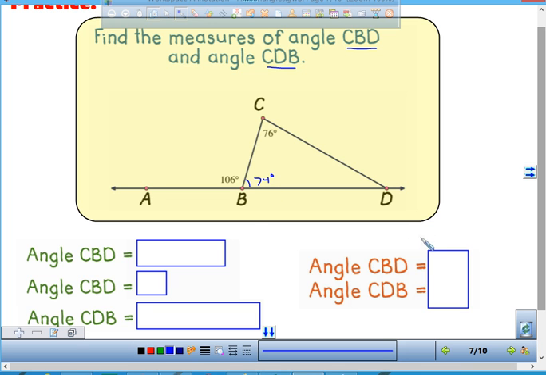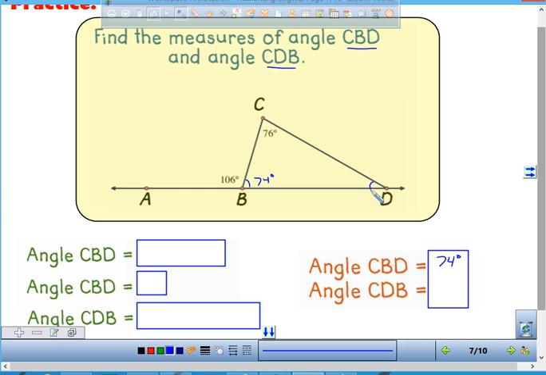So angle CBD, 74 degrees. Now they want us to find CDB. So how do I figure out what angle I'm trying to find? I start where? The middle one. C, and then I go to D, and then to B. So I'm trying to find right here.